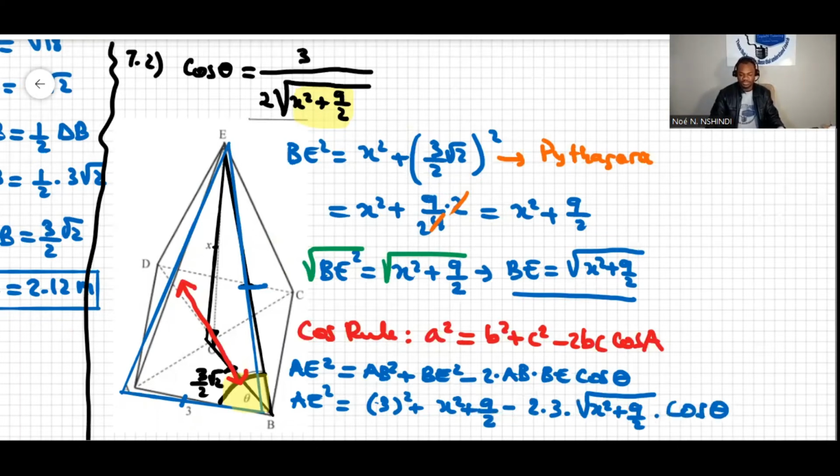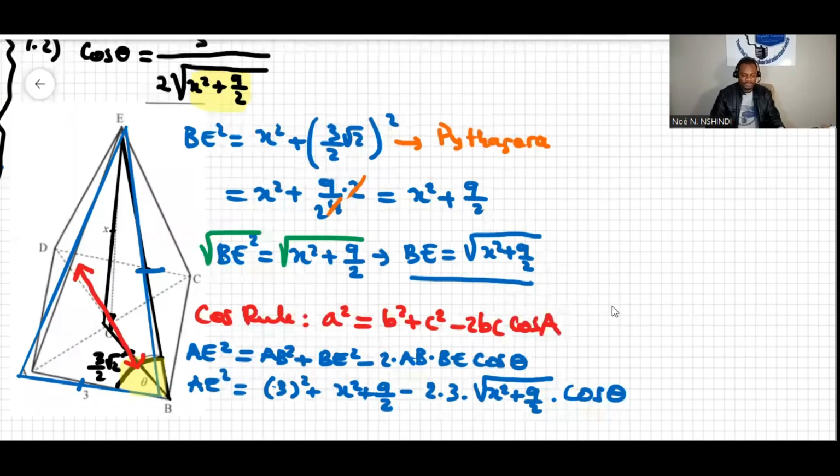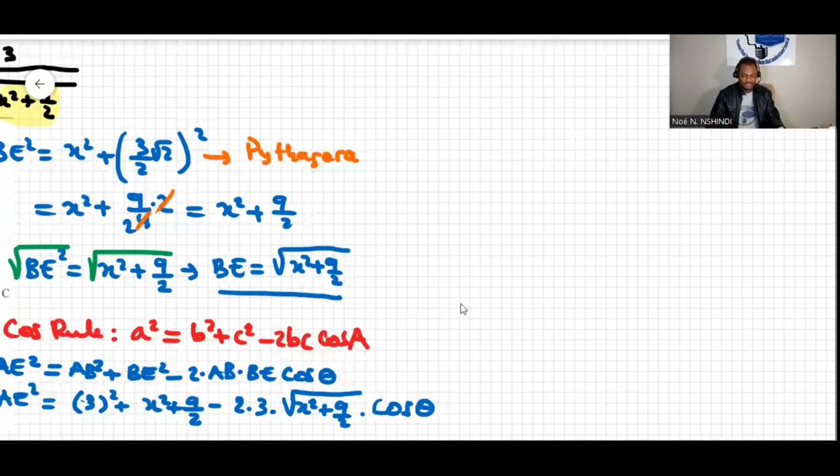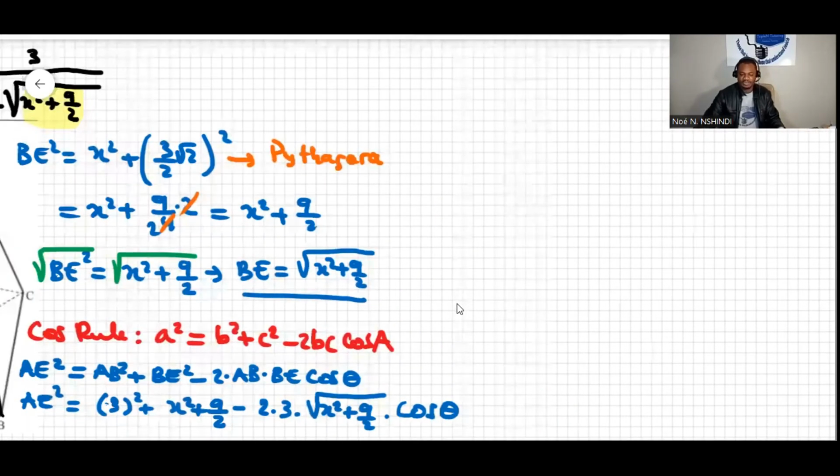Exactly, it's going to be something like that. I'm going to move this a little bit to this side because I need that space.